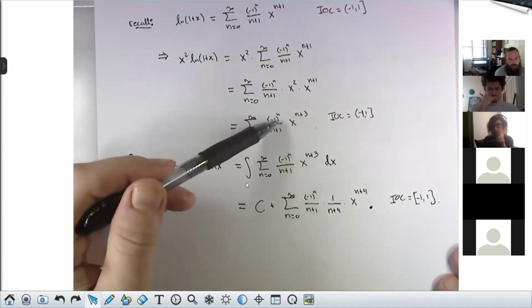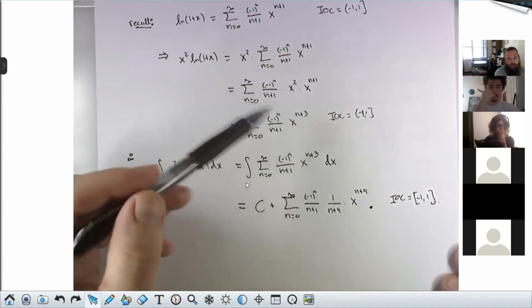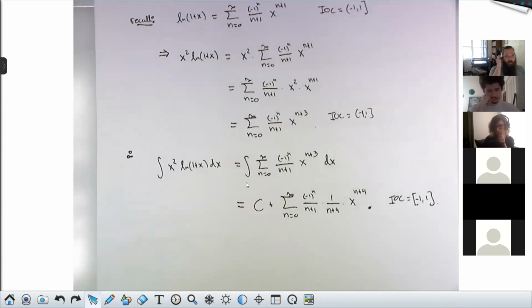That's -1 to the 2n plus 3, which is not necessarily even nor odd all the time. So it's not necessarily an alternating series. But the big thing is that the denominator here is linear, whereas the denominator here is quadratic. So when we integrate, we gave more to the denominator. We throw another factor of n downstairs, really a factor of n plus 4.